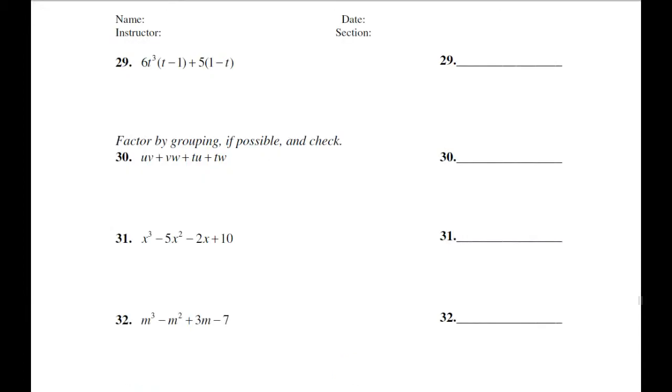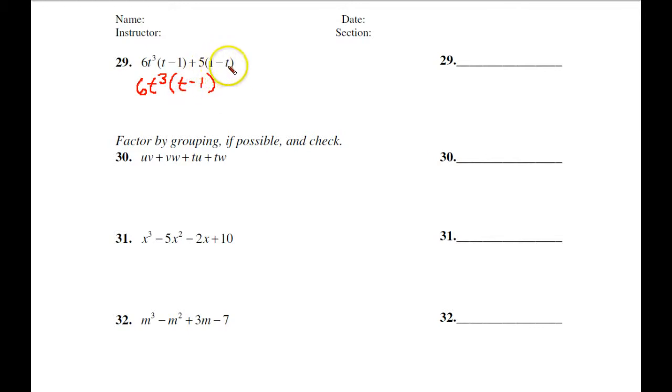Now, number 29 is a little tricky because what's going on here? Here we have t minus 1, and here we have 1 minus t. In order to get that to be something we have a common factor in, I'm going to rewrite it.